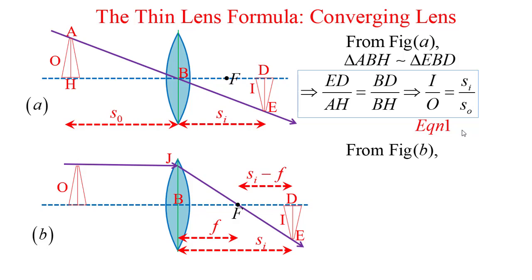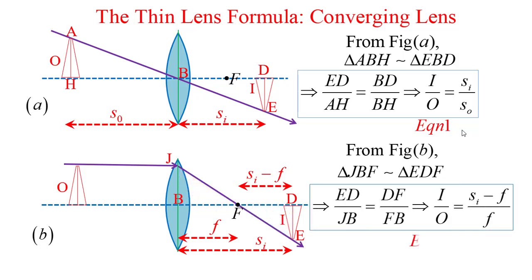Similarly, from figure B, triangle JBF is similar to triangle EDF, which are highlighted in this diagram. So, because the corresponding sides of similar triangles have to be proportional, in this case we can write ED over JB is equal to DF over FB, which implies that ED over JB, which is the image height I over object height O, and the DF over FB are correspondingly SI minus F divided by F, where SI is the image distance and F is the focal length.